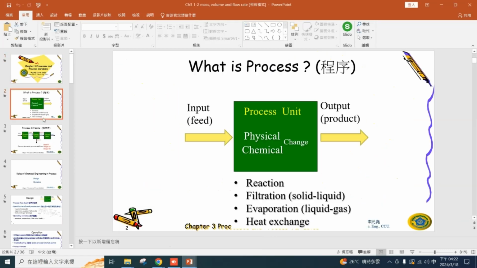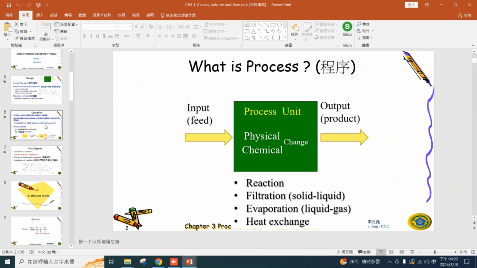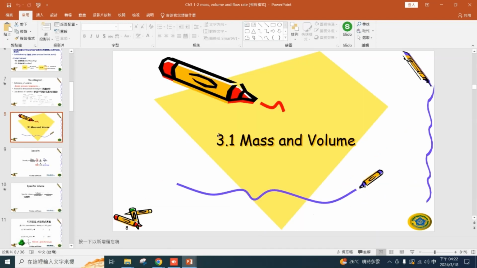The first thing is that we start to learn the process, and we know mass and volume. If we have mass divided by time, what is this called? This is what we call mass flow rate, right? If the volume is divided by time, that's what we call volumetric flow rate.